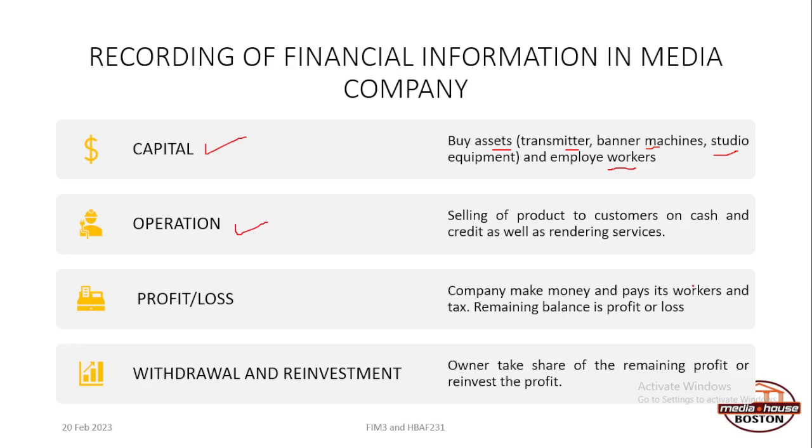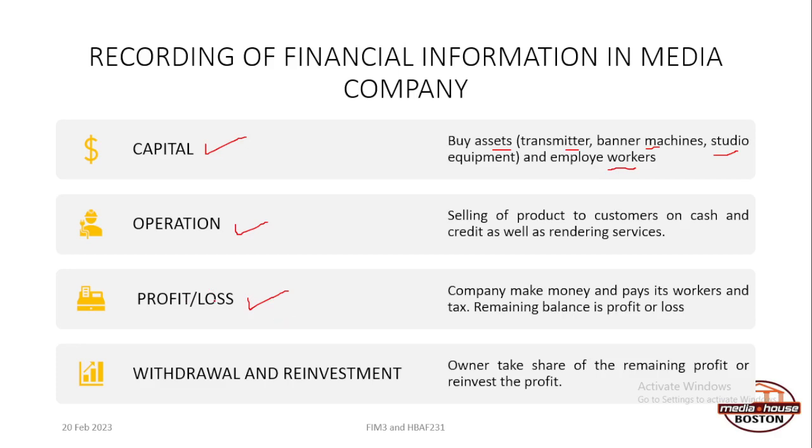You also need to know how much you are going to charge, and after you charge, how much it cost you to get there. If you are talking about the product of the banner, how much did it cost you to produce the banner? How much did you sell it for? The difference therefore becomes your what? Your profit or loss. If your cost exceeds the amount of money you generated, the company generates a loss.